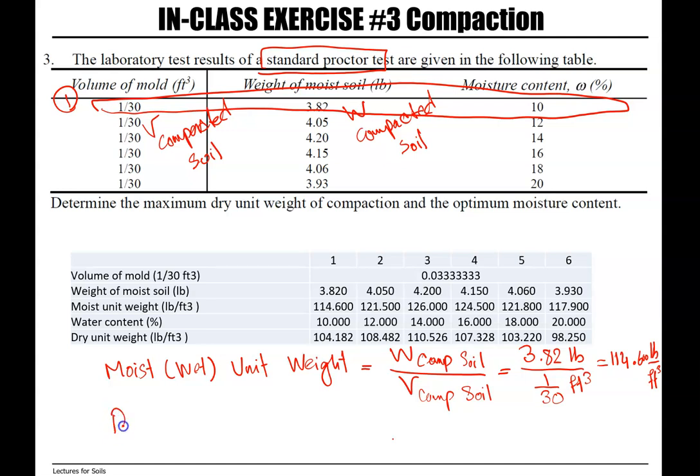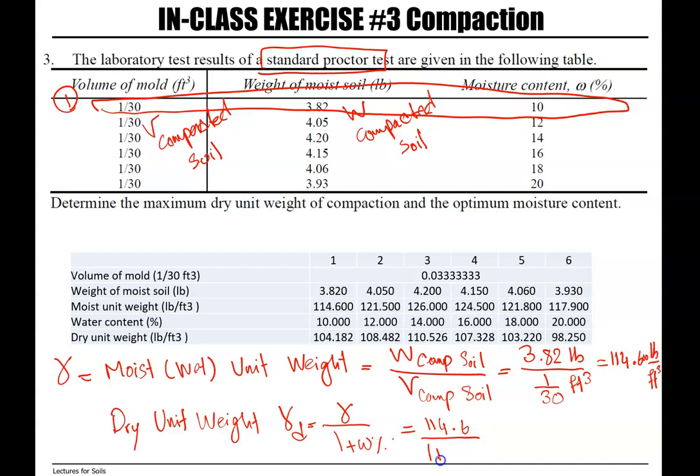Then we need to calculate dry unit weight. Gamma d is equal to gamma divided by 1 plus water content. So it's going to be 114.6 divided by 1 plus moisture content, which is 10% or 0.1.